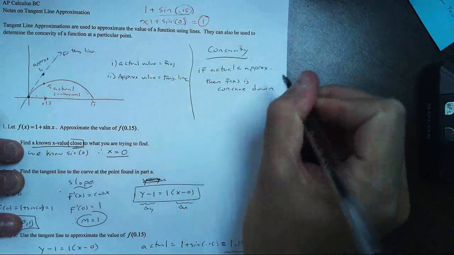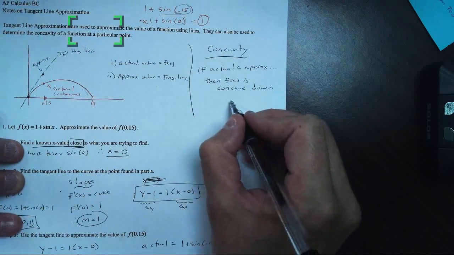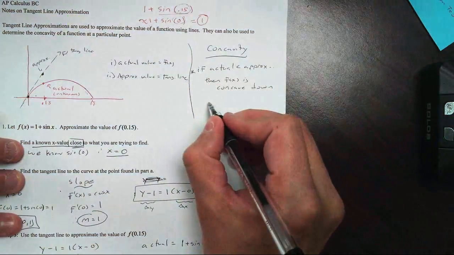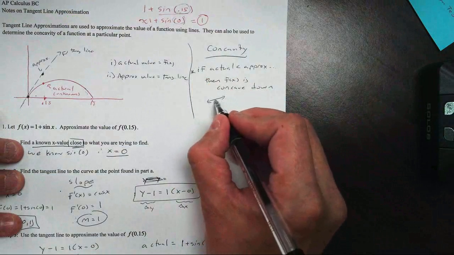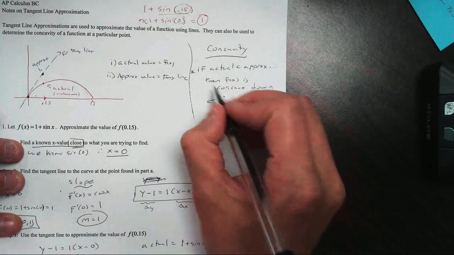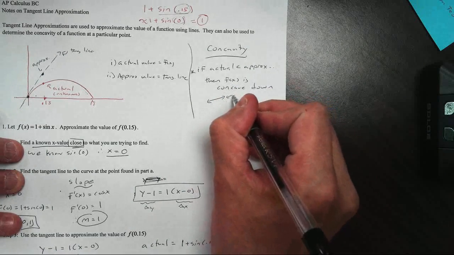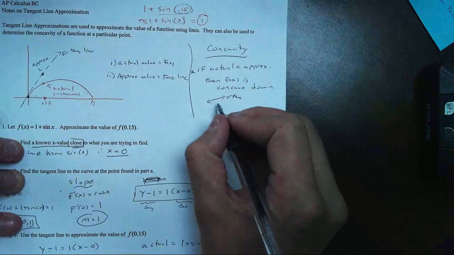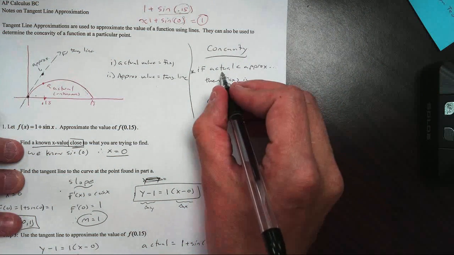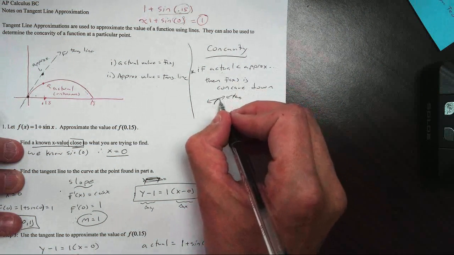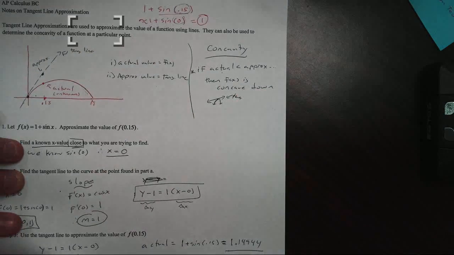Now, this is easy to see if you sketch it. Ready? If I draw my tangent line, and my actual value, that's the curvy thing, that's the function, it's less than my approximate. Remember, the tangent line is my approximate value. So if my actual is below it, the only way I can draw it is like this. So it must be concave down.